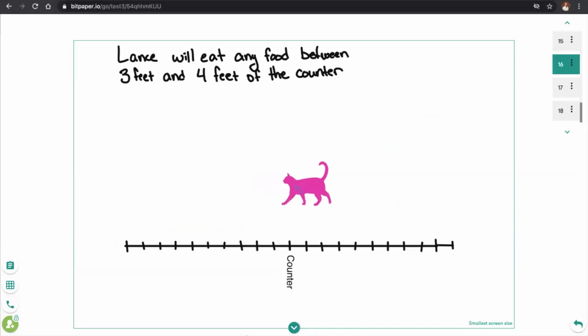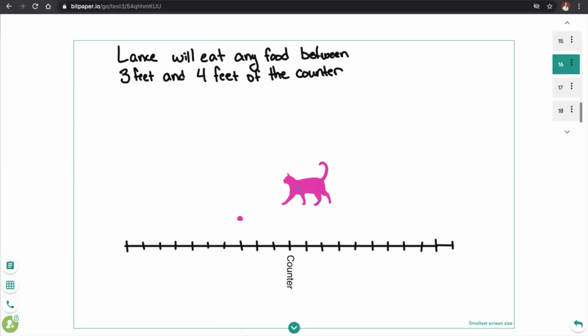Lance, our third cat, will eat any food that is between 3 feet and 4 feet of the counter. So let's draw where this might show up on our graph. So if we go 3 feet to the left of the counter, that would put us right there.